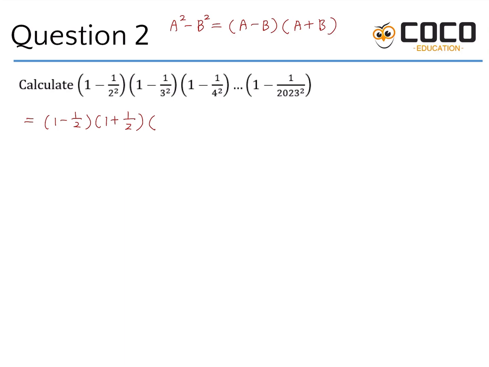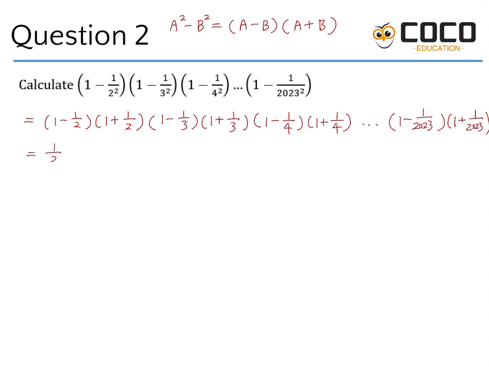So for the next group is 1 minus 1/3 times 1 plus 1/3. Then 1 minus 1/4 times 1 plus 1/4. So all the way to the last group, 1 minus 1 over 2023 times 1 plus 1 over 2023. Now simplify the fractions.